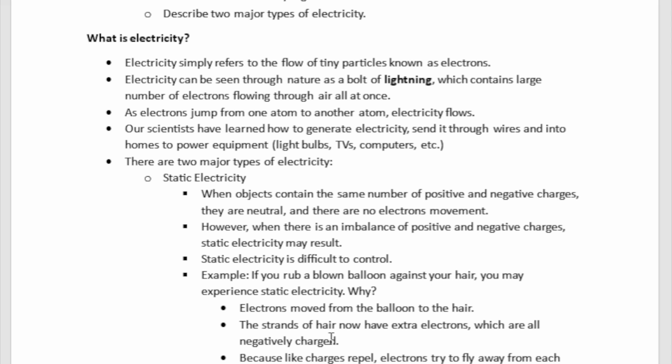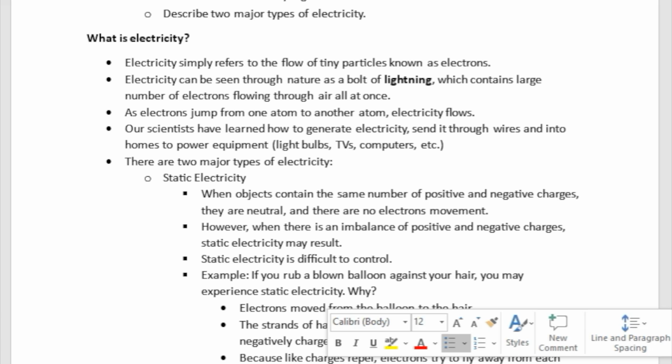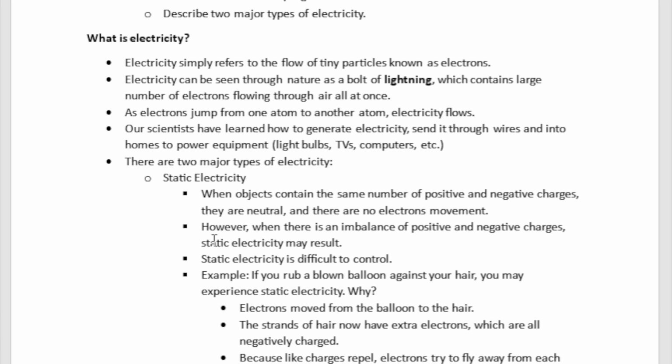That's what happened there. The strands of your hair now have extra electrons, which are all negatively charged. Because like charges repel, electrons try to fly away from each other, thereby resulting in sparks. Well, that's a type of electricity. It's exactly what happens with lightning as well, even though lightning comes with larger electron flows and larger voltages.